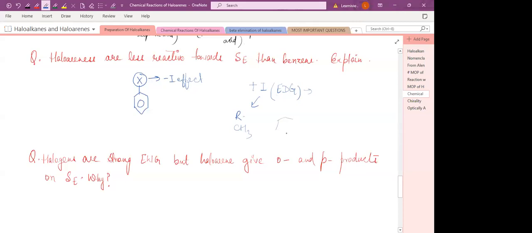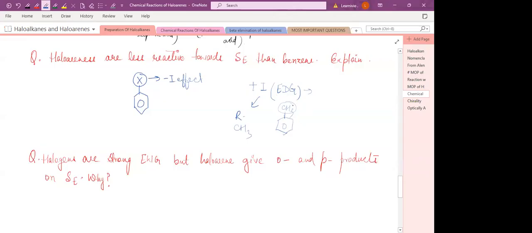Suppose the electron donating group is CH3, as in toluene, and this CH3, which is an alkyl group, is attached to the benzene ring. So this is your electron donating group. It gives the electron, it donates the electron to the ring, towards the chain. Due to this plus I effect, the plus I group means it is caused by the electron donating group, which donates the electron.